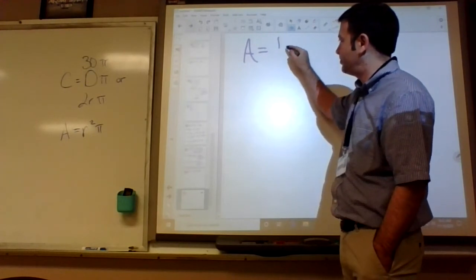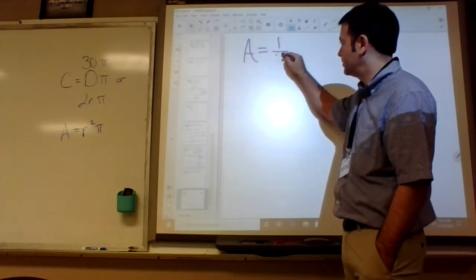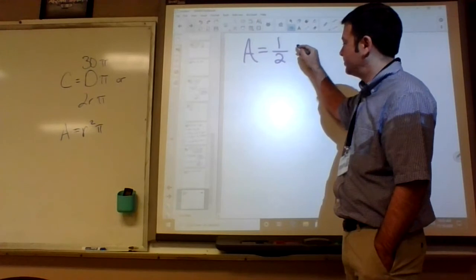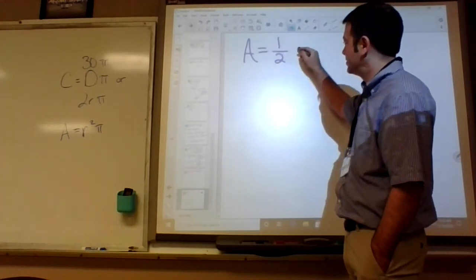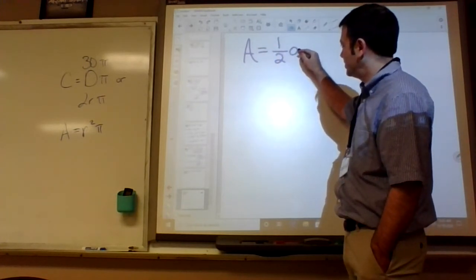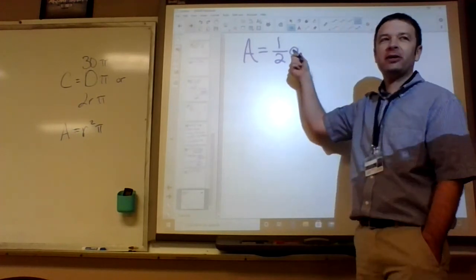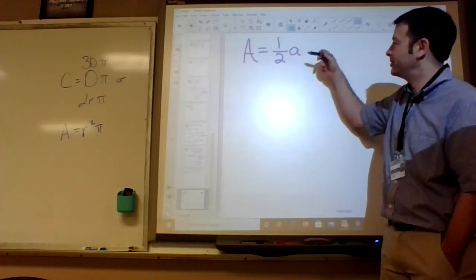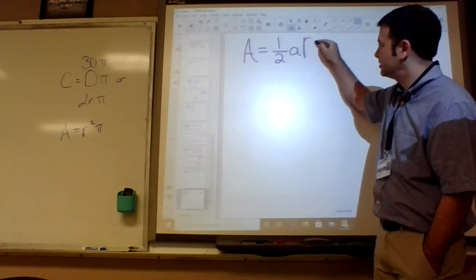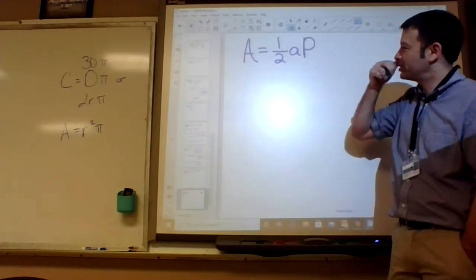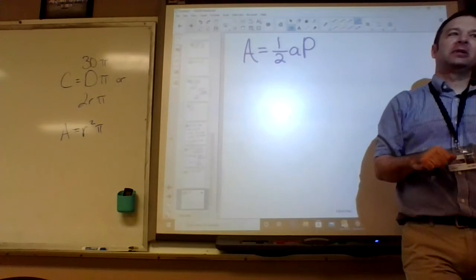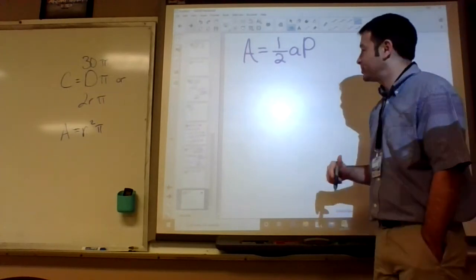Area of a regular polygon is 1/2 times, anybody remember that word? Apothem. Times perimeter. Okay, have it down. 1/2 times apothem times perimeter.